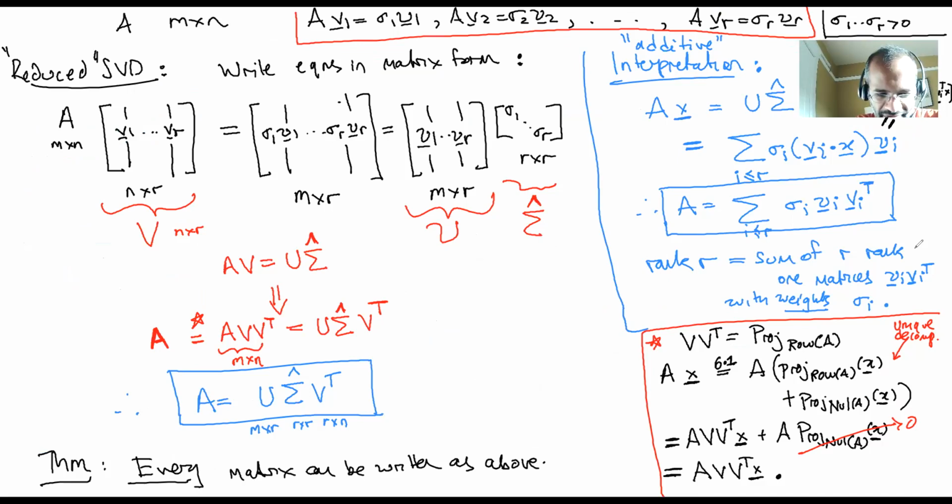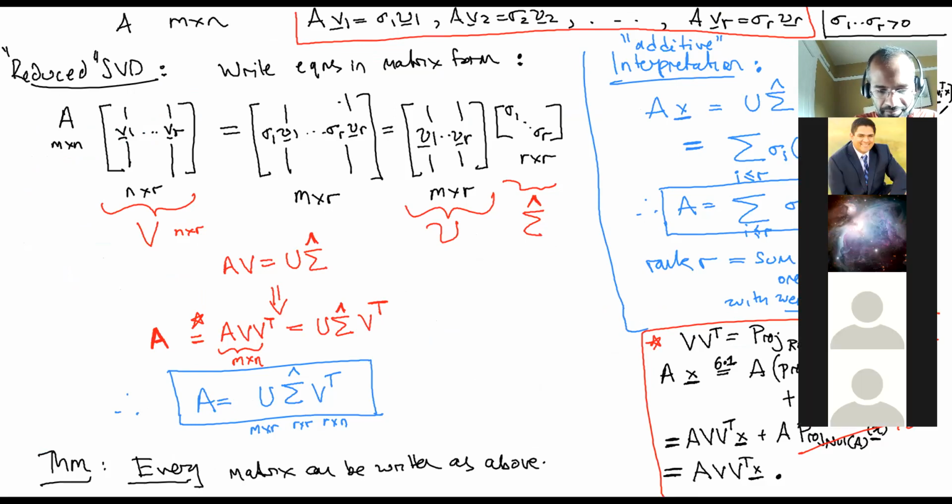Right, that will require, if you just do the multiplication, maybe we're not very used to doing this. So U1 V1 transpose is an M by 1 matrix times a 1 by N matrix. If you just do the multiplication, you'll see that all of the columns of U_i V_i transpose are multiples of the same vector.